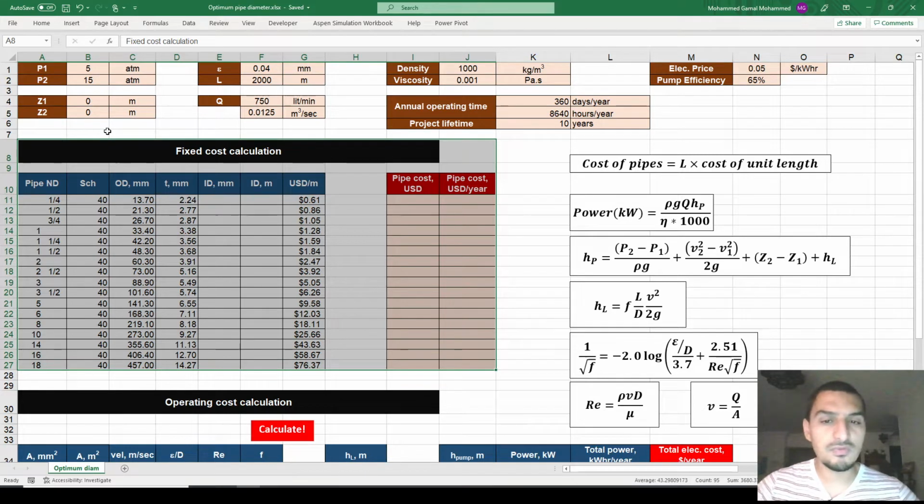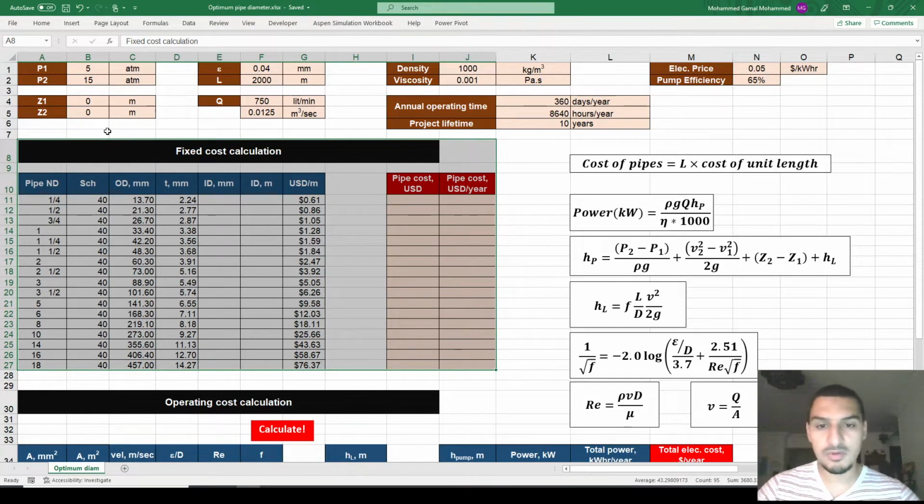I mentioned before that there might be other things like the fittings and everything else, but I'm assuming that the pipes are just pipes without any fittings, and the pump cost is not going to be included, assuming that I already have a pump, which is not true, but this is just for the sake of simplicity. And in the next video I'm going to add more details.